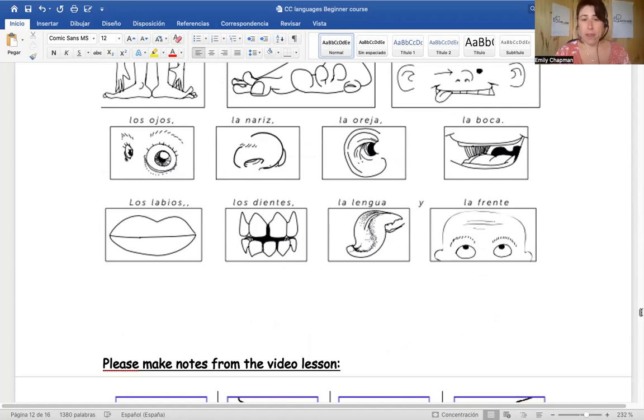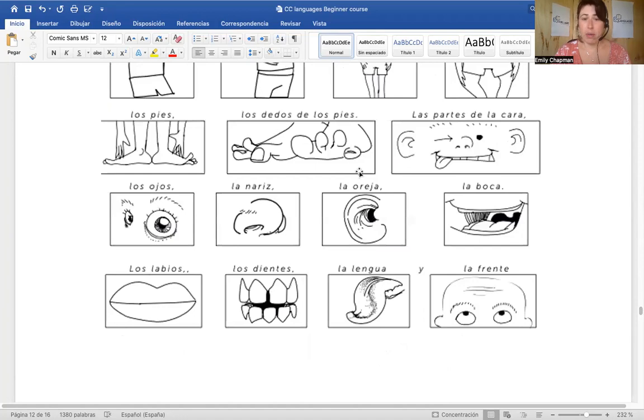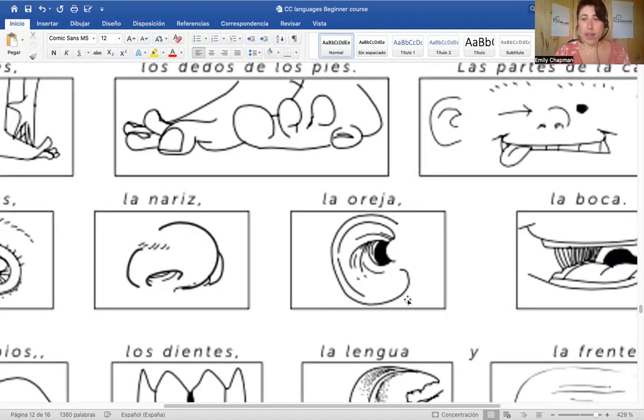Okay. I'm also going to mention here where we've got ear. La oreja is ear referring to the external part of the ear. So if we wanted to refer to the inner ear, we would say in Spanish, el oído, el oído, which if you're going to the chemist or the doctors, it's probably the inner ear. It could be an infection, which are very common here from the swimming pools in the summer.